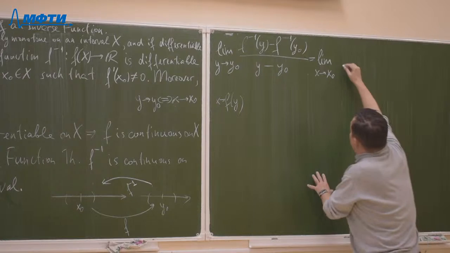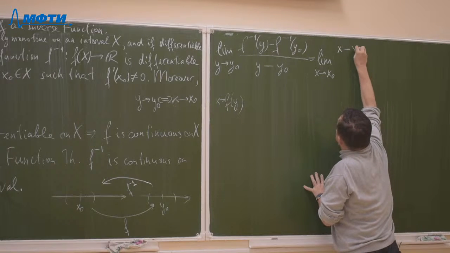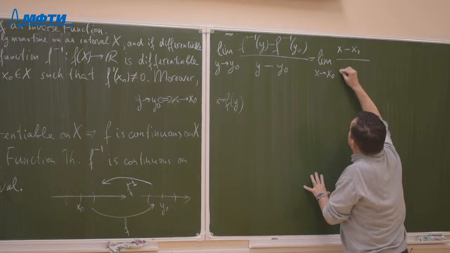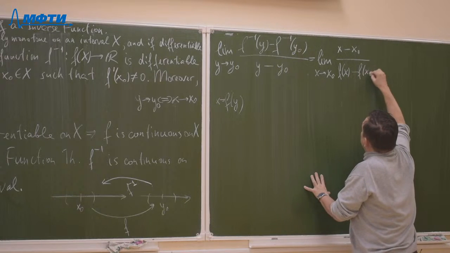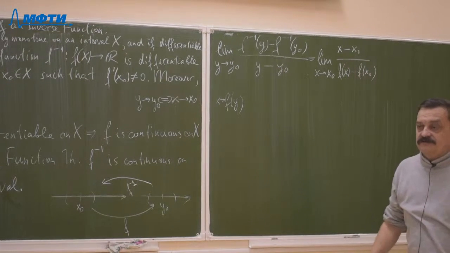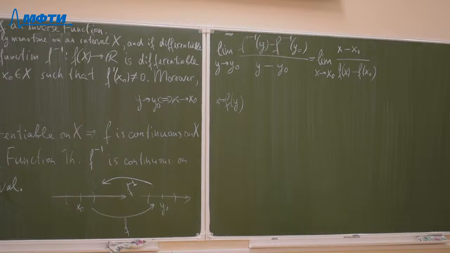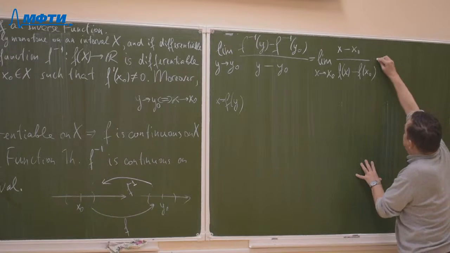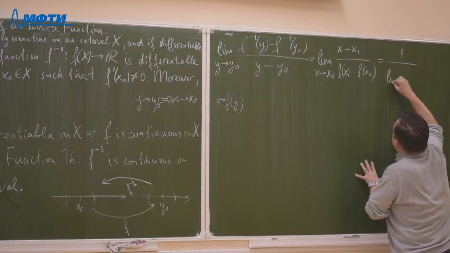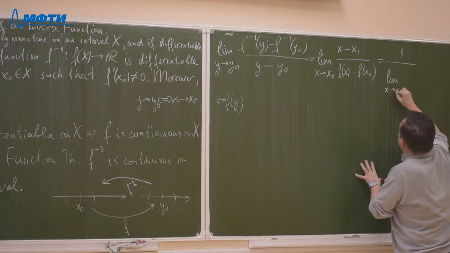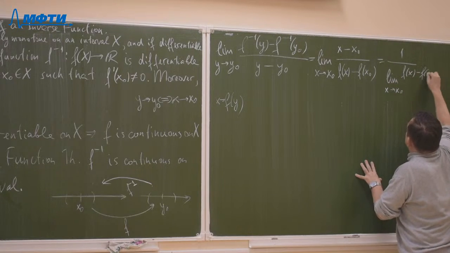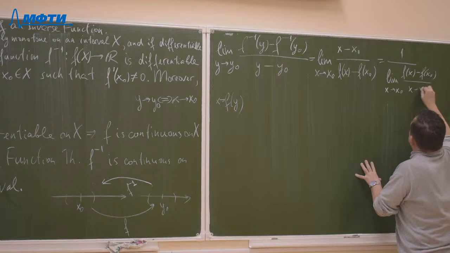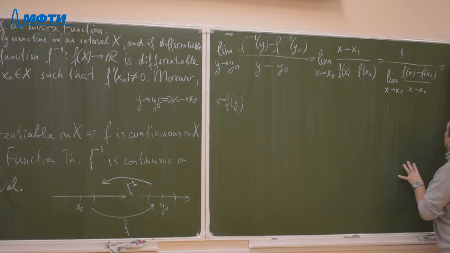So we can write here in notations of the direct function like that, and that is 1 over the limit as x tends to x0 of f of x minus f of x0 over x minus x0, which is 1 over f prime at x0.